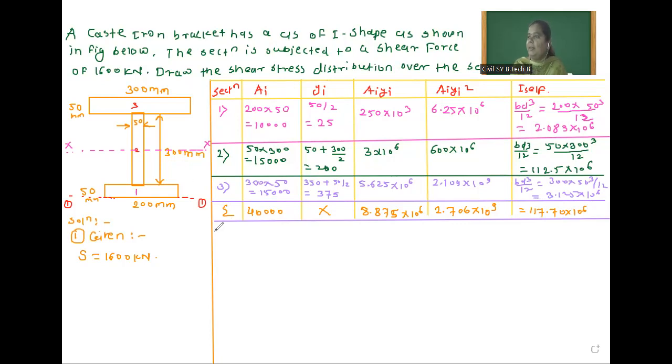After that, the next parameter you have to find out is y bar. How will we calculate y bar? Y bar is equal to summation of AIYI divided by summation of AI. So y bar is equal to 8.875 into 10 raised to 6 divided by summation of AI, which is 40,000.